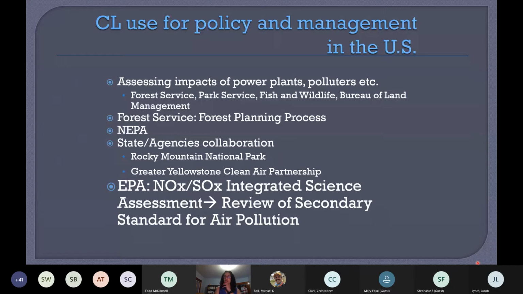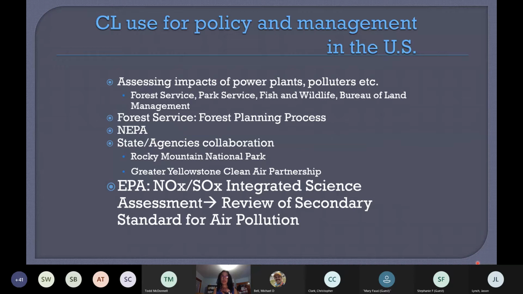Given the increasing information about detrimental effects of N deposition on terrestrial and aquatic ecosystems, it's become possible to set empirical critical loads for nutrient nitrogen and for acidification. So the critical loads are being used broadly at this point across federal agencies. They're used to assess potential impacts of polluters.